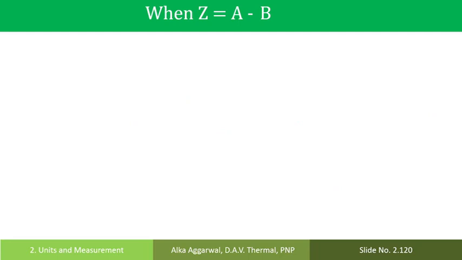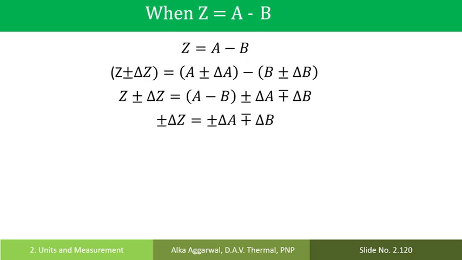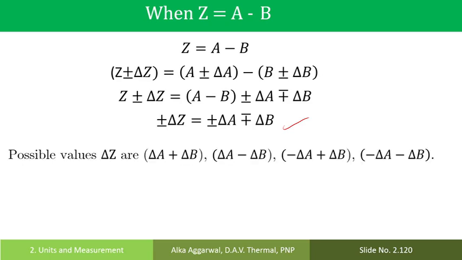The next operation is subtraction. When we subtract two quantities, A minus B, then the result is written as Z plus minus delta Z equals A plus minus delta A minus B plus minus delta B. Rearranging, this can be written in this way, where delta Z has these values and the possible values are: both delta A, delta B positive; delta A positive, delta B negative; delta A negative, delta B positive; delta A negative, delta B negative.